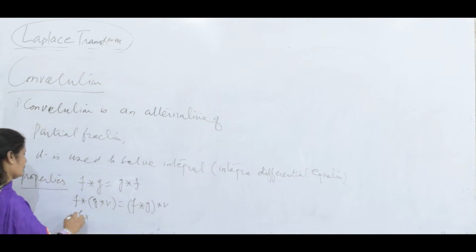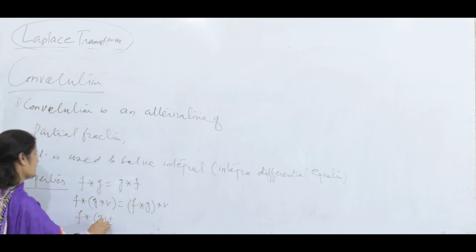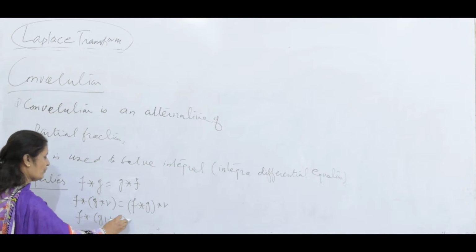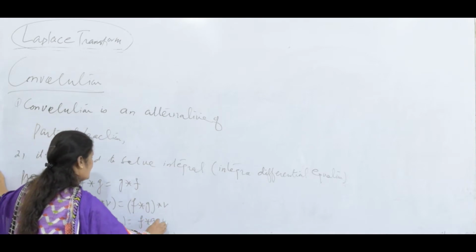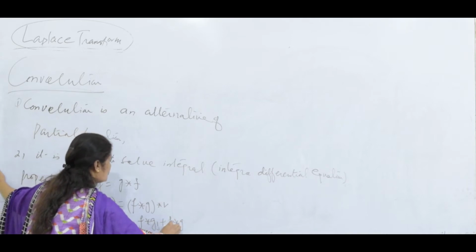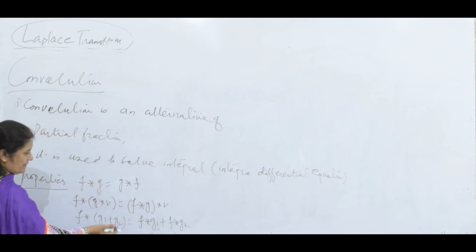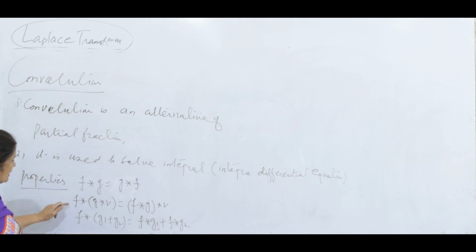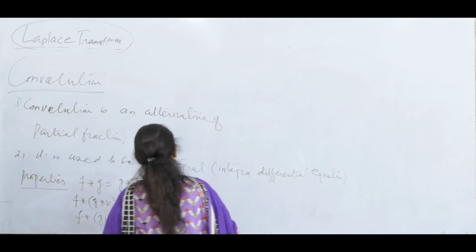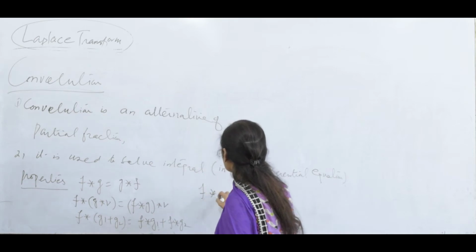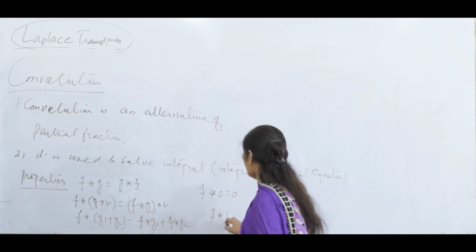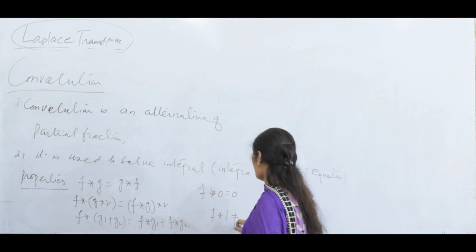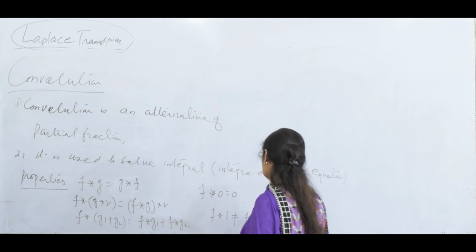And f convol (g1 plus g2) is distributive over addition, so f convol g1 plus f convol g2. So it is commutative, associative, distributive, and f convol 0 is 0. Then f convol 1 is not equal to f in general.